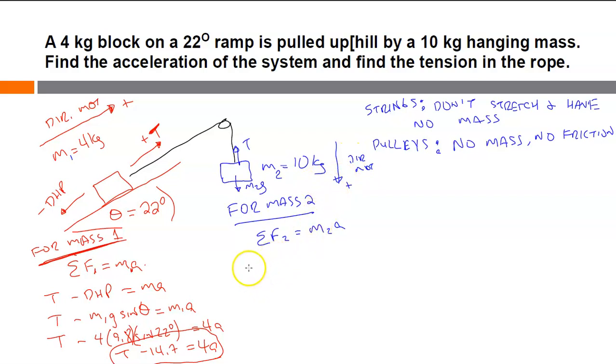So the T is actually in the negative direction, and the M2G is in the positive direction, and that's equal to M2A. Filling in the numbers: negative T plus 10 times 9.8 equals 10 times A.